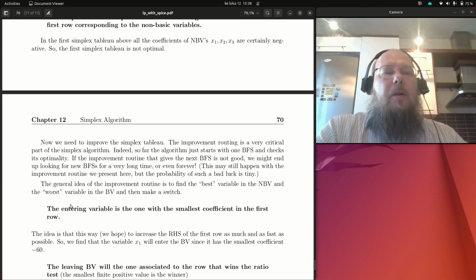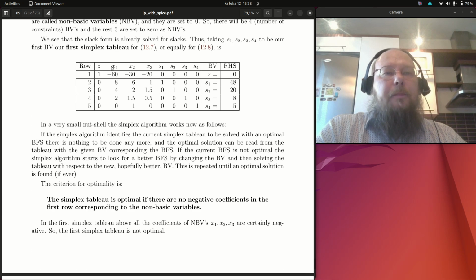So entering is the x1 because it has the smallest coefficient, minus 60. So what is the leaving? z is always there, z never leaves. So one of these basic variables, s1, s2, s3 or s4, has to leave.